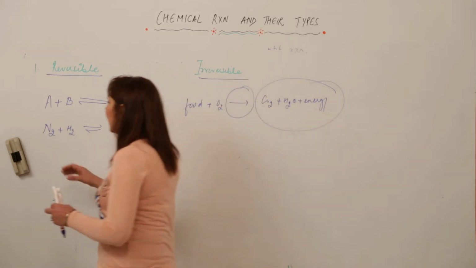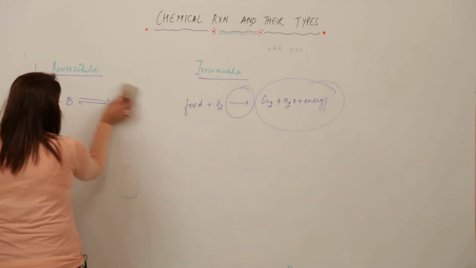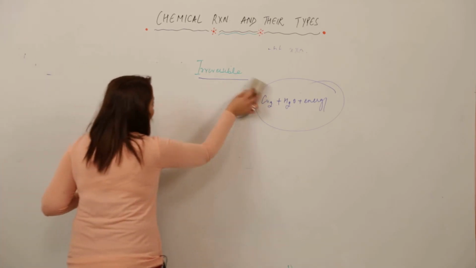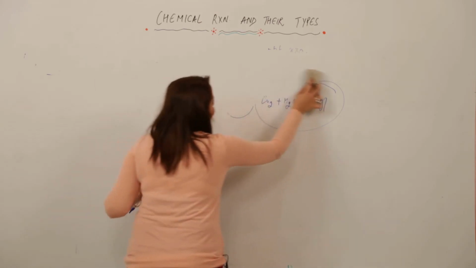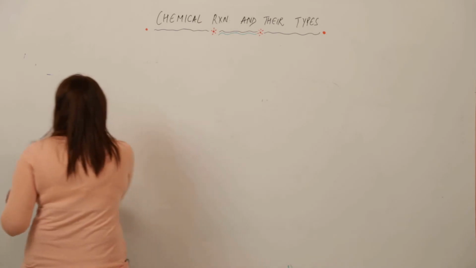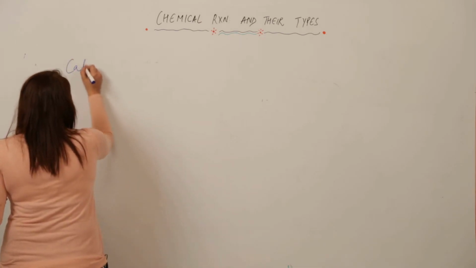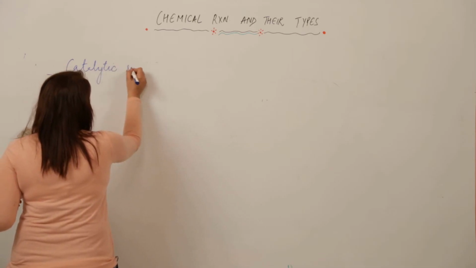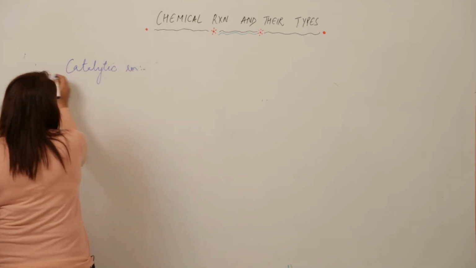Now coming back to more types of reactions. We have the catalytic reaction, and I think you are familiar with the term catalyst, as we did in previous units as well. So first of all, I'll write the type: catalytic reaction. What do you mean by catalyst?